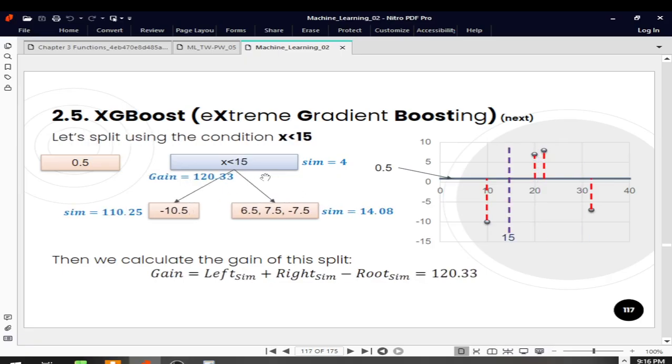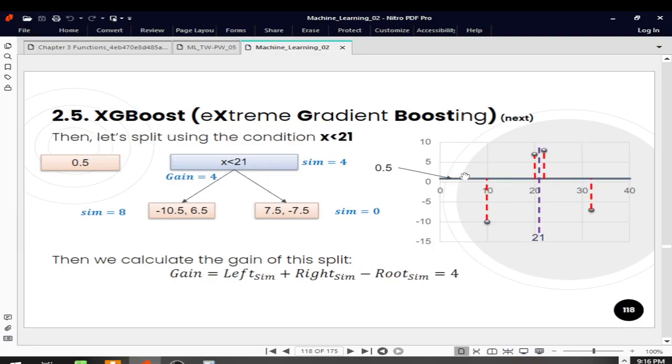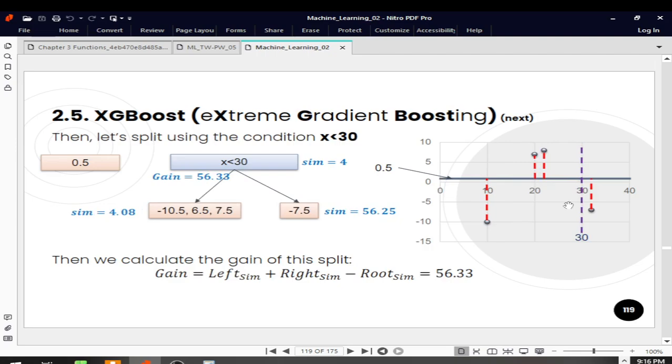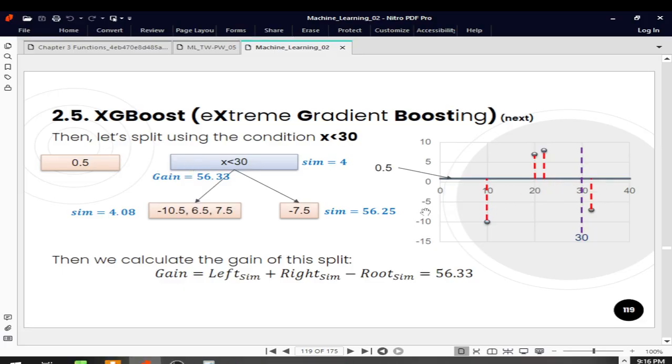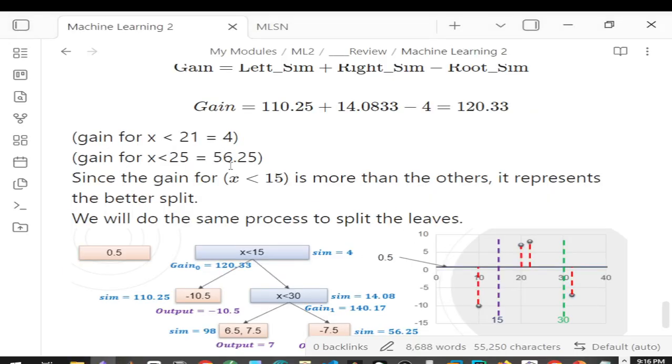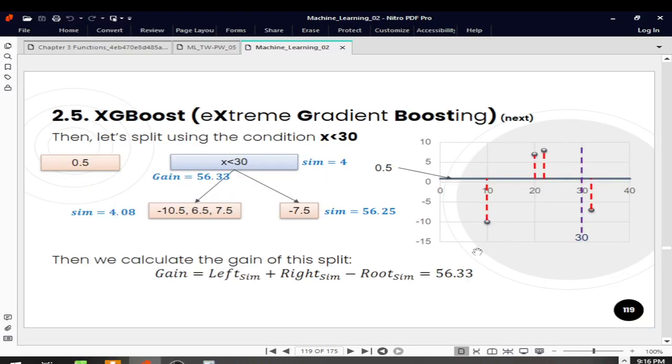So we did it for 15, we did it for 21, and now for 30. Whether it is 30 or 25, it's going to be the same, because we created the same splitting, and it equals 56.25 or something.